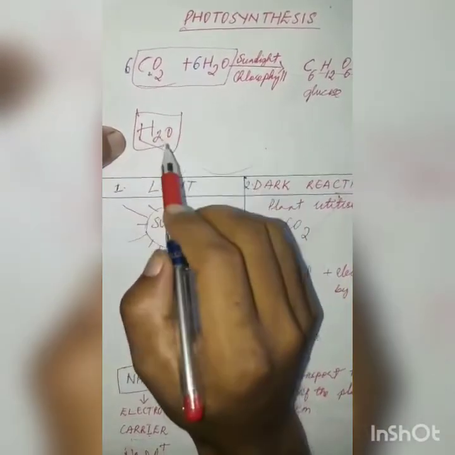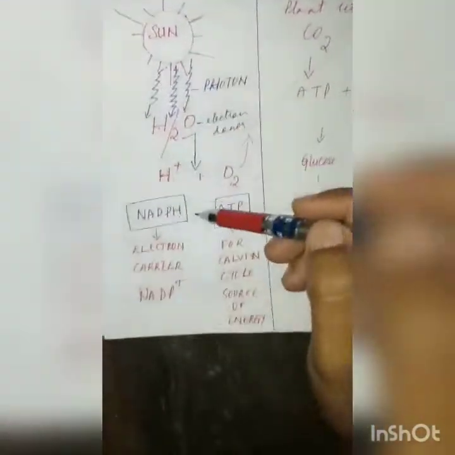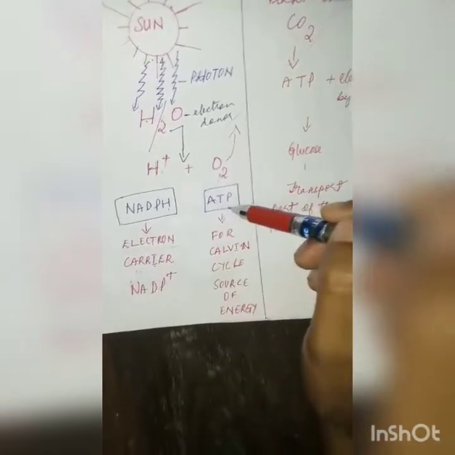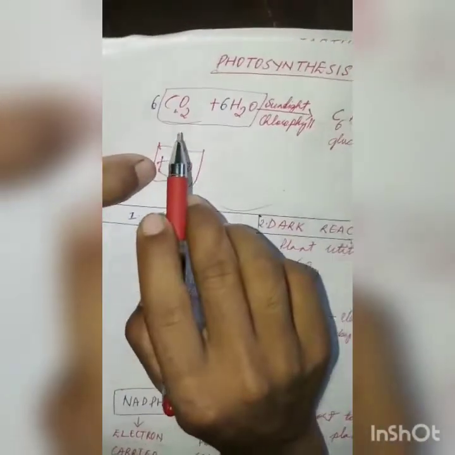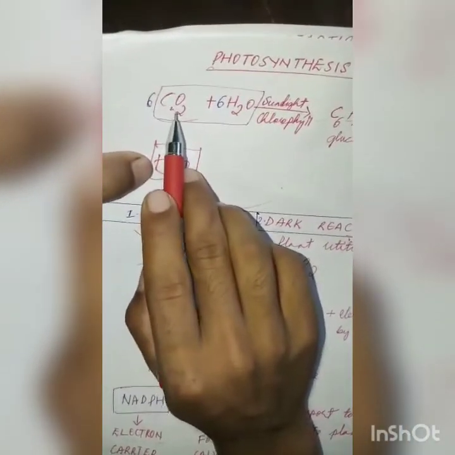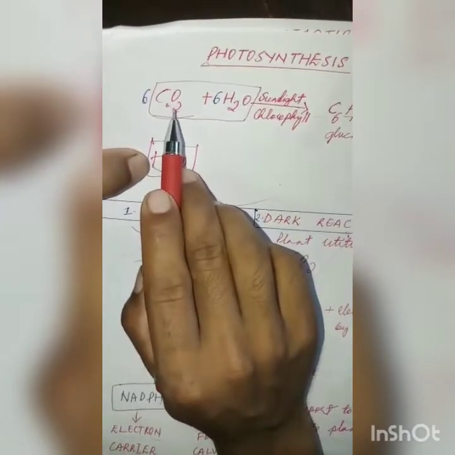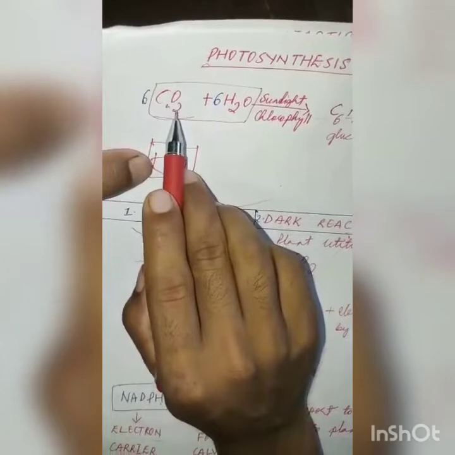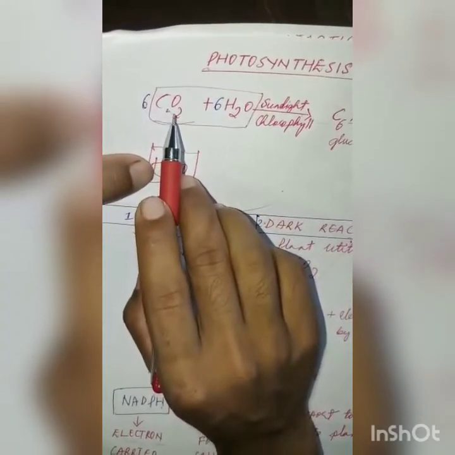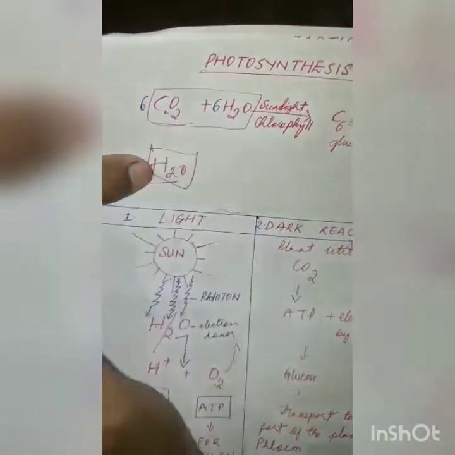Now we have finished the process of water. From water we get NADPH and ATP. Now, what about carbon dioxide? The dark reaction, or the Calvin cycle, is all about the use of carbon dioxide.